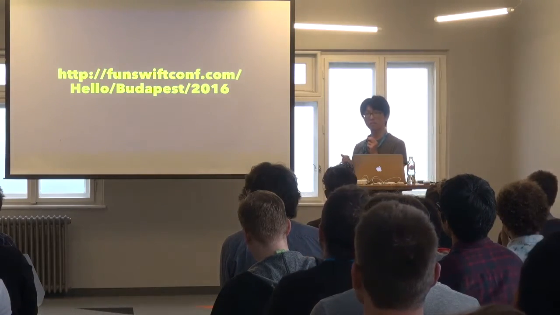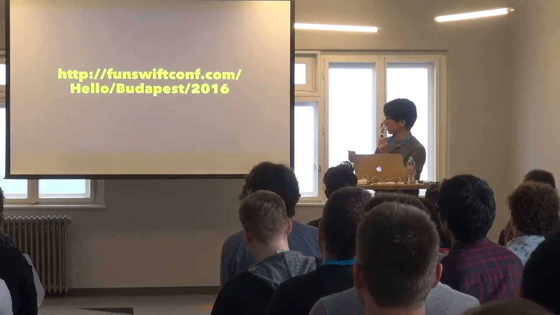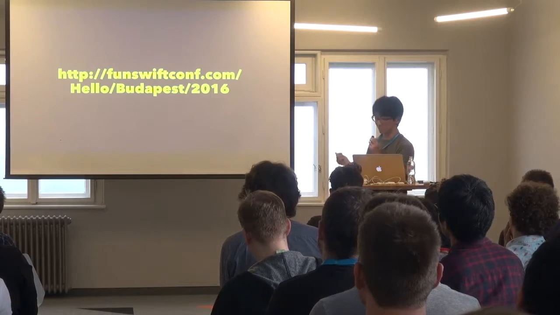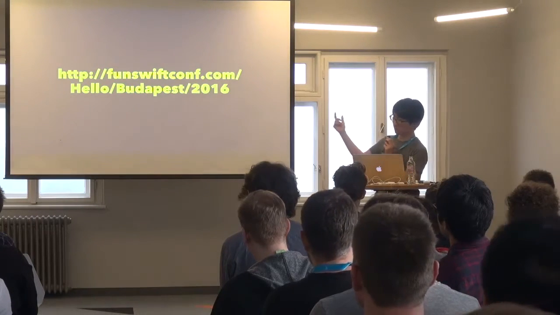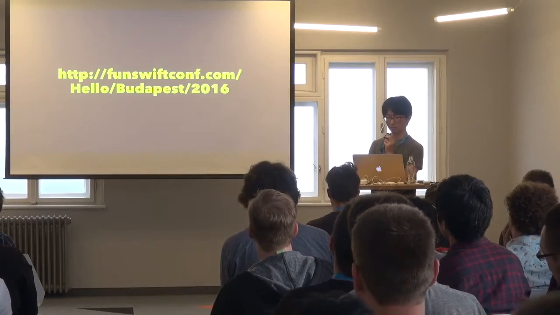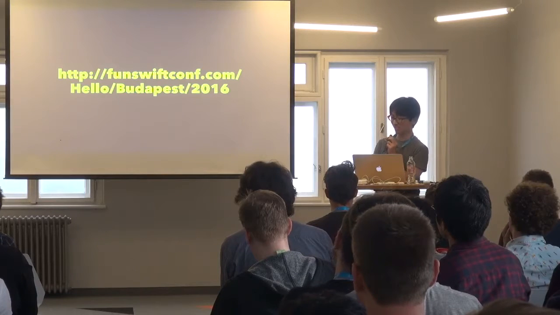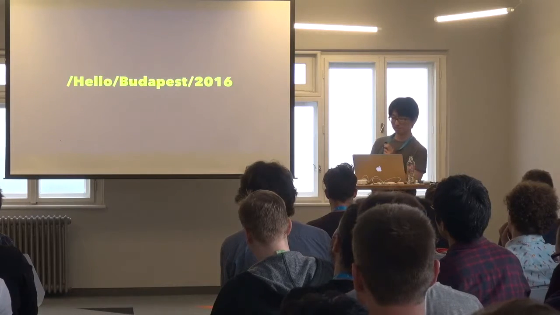Suppose we have a URL like this one, say funswiftconf.com/hello-budapest-2016. So the host part is funswiftconf.com, and the path is hello-budapest-2016, and this looks like an awesome page, and we want to handle this one.